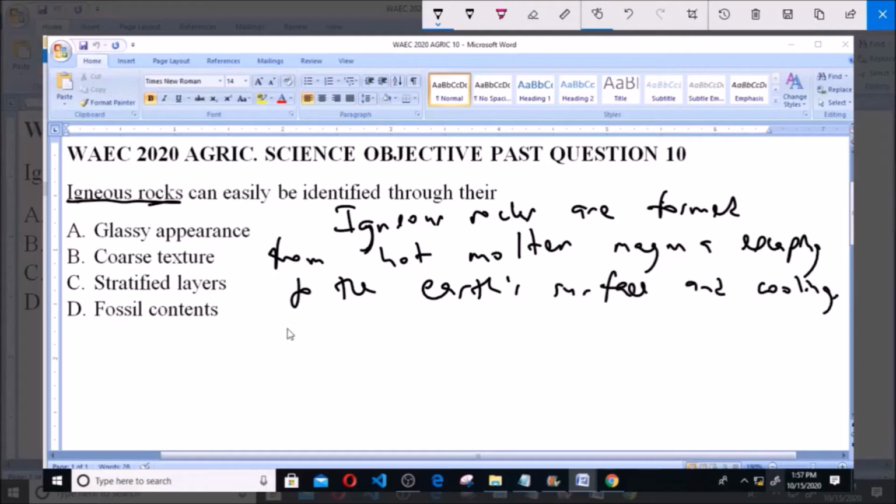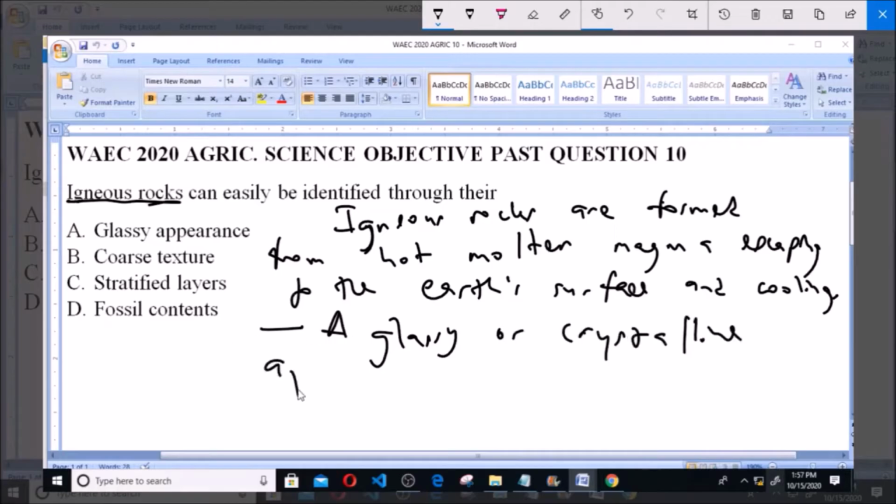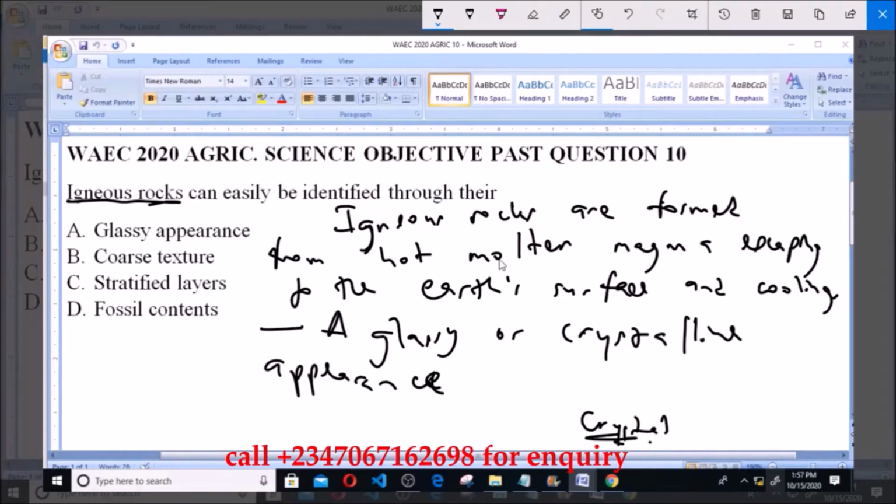Now once they cool, they are characterized by a glassy or crystalline appearance. A glassy or crystalline appearance. That is, based on its appearance, it looks sort of like a glass or a crystal. So this is the distinguishing characteristic of igneous rocks.